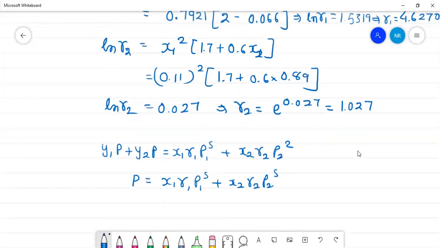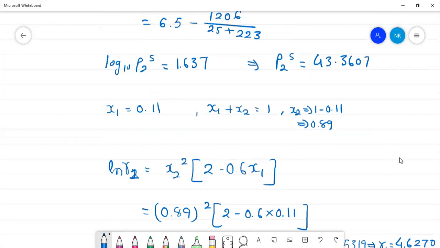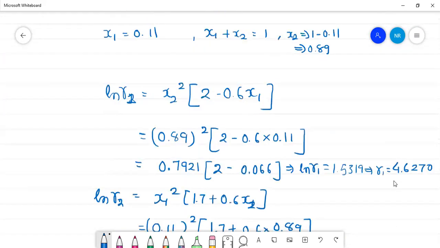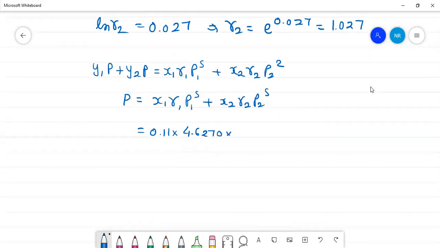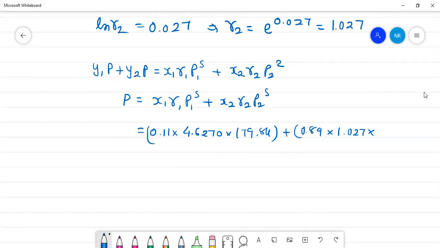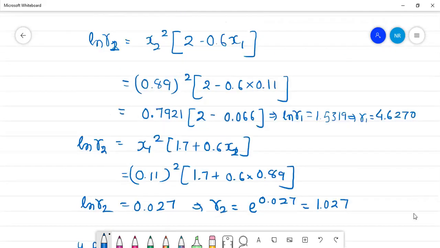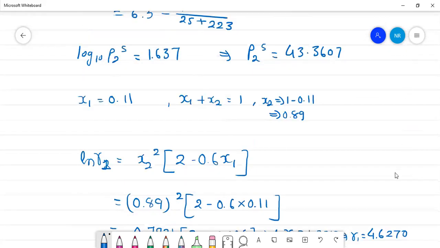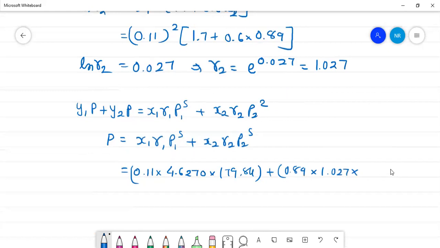So x1 is equal to 0.11 multiplied by gamma 1 is equal to 4.6270 multiplied by p1 saturation, which is 179.84, plus x2 is 0.89 multiplied by gamma 2, 1.027, multiplied by p2 saturation, which is 43.360. Done?